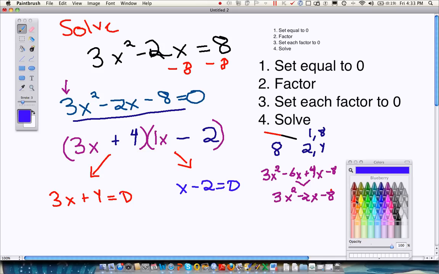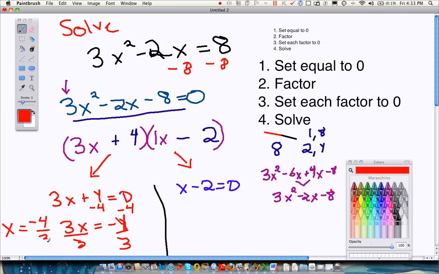And we want to solve each of these individually, like they're not related to each other at all. So we're going to start with the red side by subtracting 4. 3x equals negative 4, and then we'll go ahead and divide by 3. I'm going to write it off on the side here so you don't lose sight of the whole problem. x is negative 4/3.